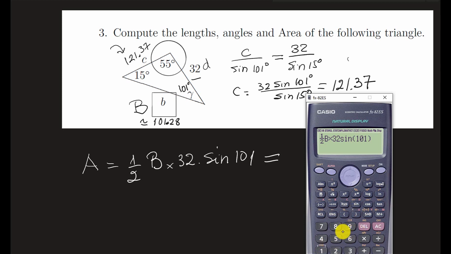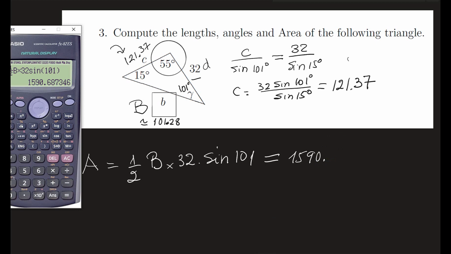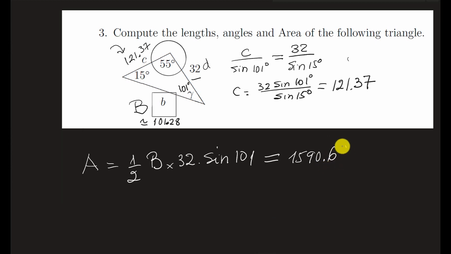And you got the right answer for the area. See that? 1590.69, rounding. This is the area of this triangle.